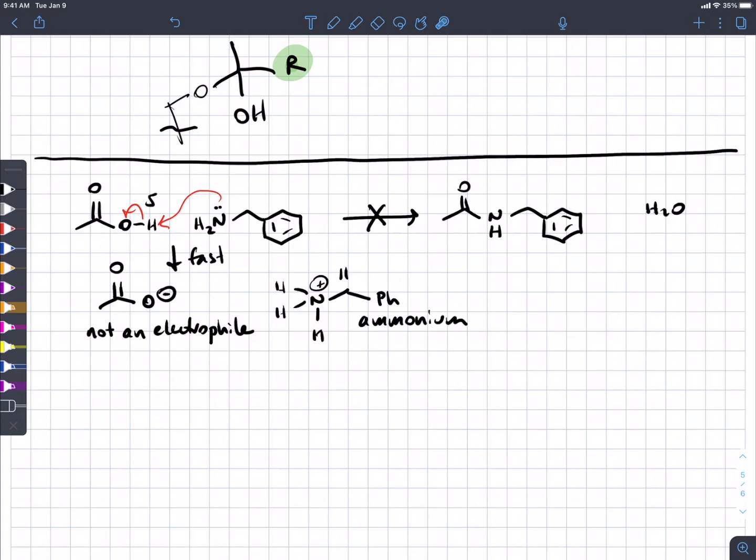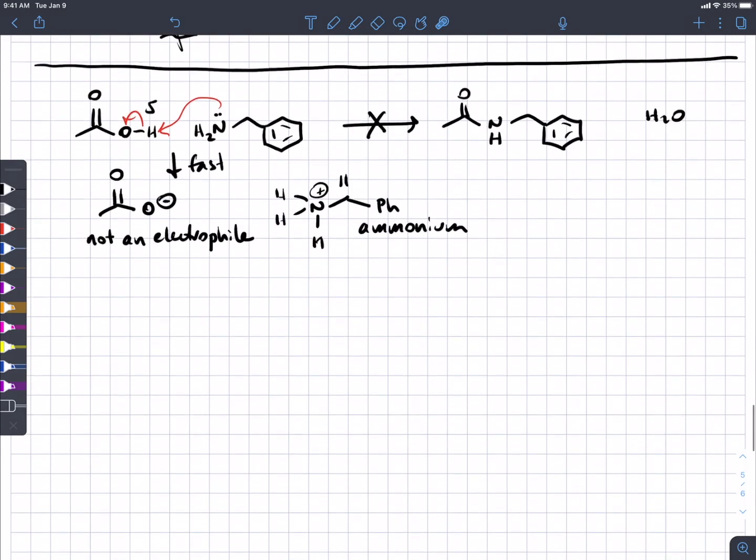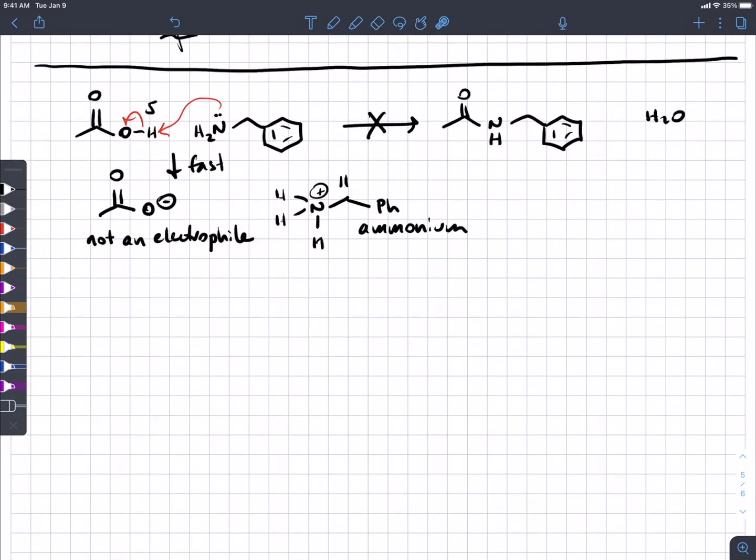And can result in degradation of the molecule. We make amide bonds all the time in my lab, and we never do it via the heat the carboxylate ammonium salt.